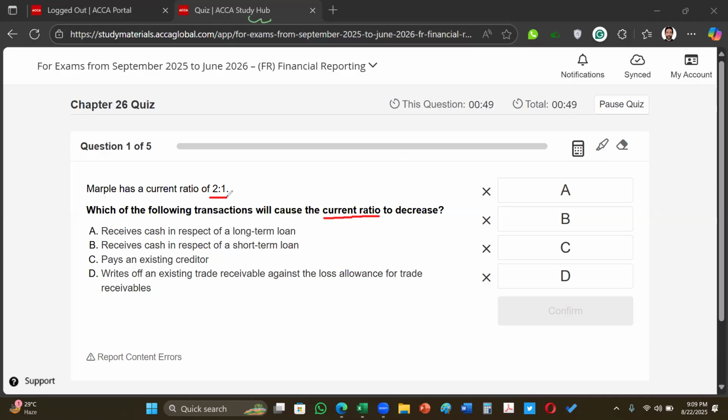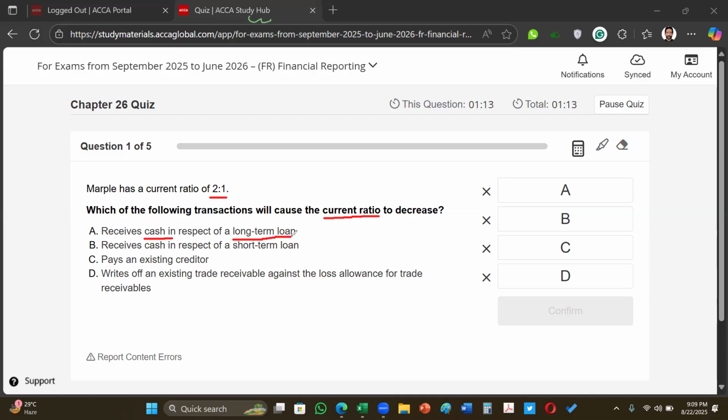Let's move on from this point. We look at the first one: receives cash in respect of a long-term loan. Money has come in, and that would increase the current assets, because we took out a long-term loan.